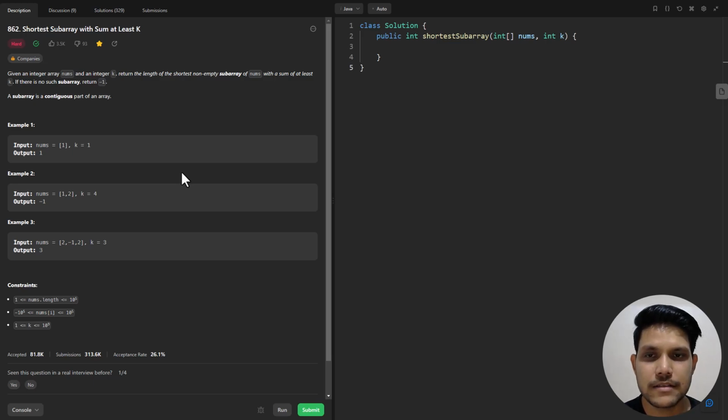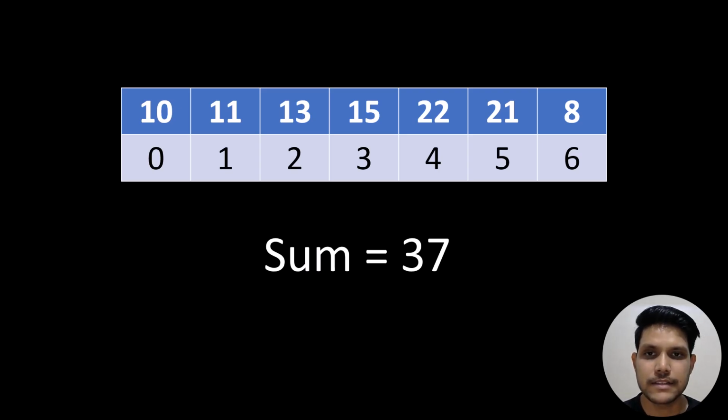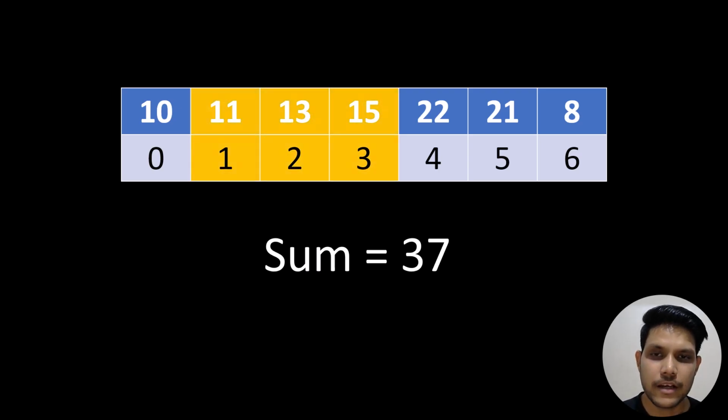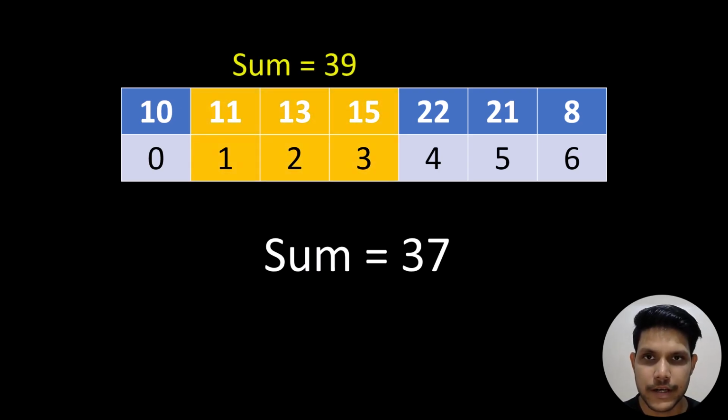So let's dive deep into the problem and see how we can solve this particular problem by optimizing our n-square approach. Let's assume that this is the array that is given to us and the sum that we need to find is at least 37. Let's first see what would be the answer. If we take the sum of these three values, it comes out to be 39, which is at least 37.